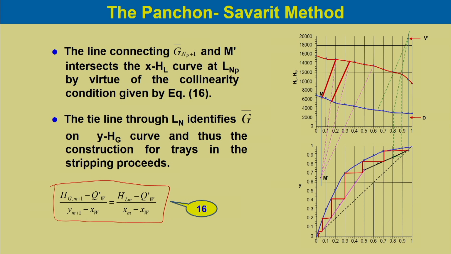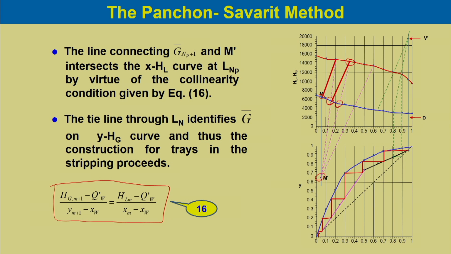So, from here, like we did for the rectifying section, you can draw the tie line and then join the tie line with the M dash point over here and you will obtain another point on this line. So, again similar to that you obtain the tie line here and join to this point and get the next tray.